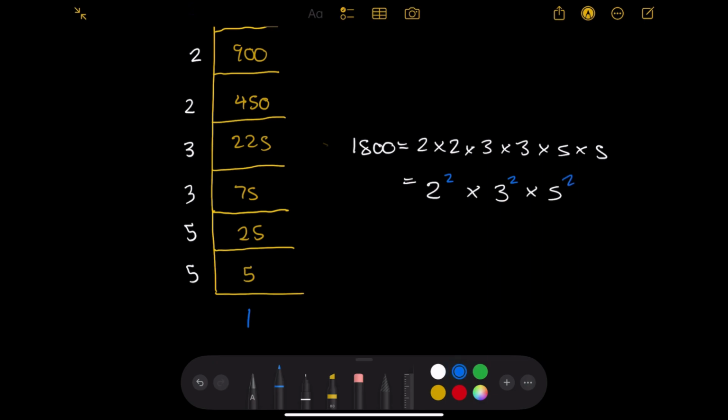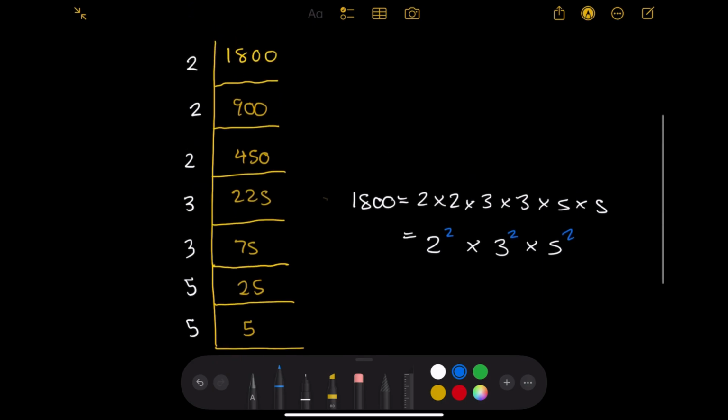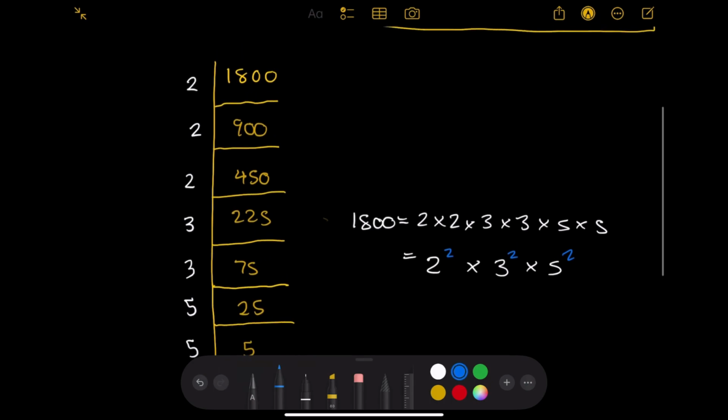Then we know 4 times 9 times 25 gives us, I made a mistake there. I missed the 2 at the top. Let me erase that.